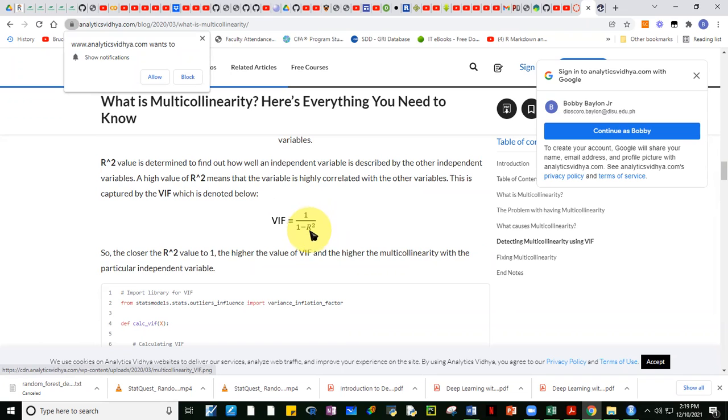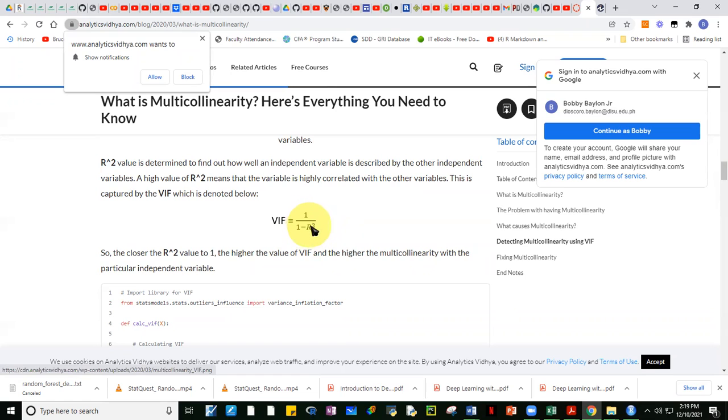Kapag r squared naman is very high, kunyari 0.9, ano nangyayari? Remember r squared, guys, is a measure of yung coefficient of determination, di ba? Or correlation squared, yung correlation ng dalawang variables.